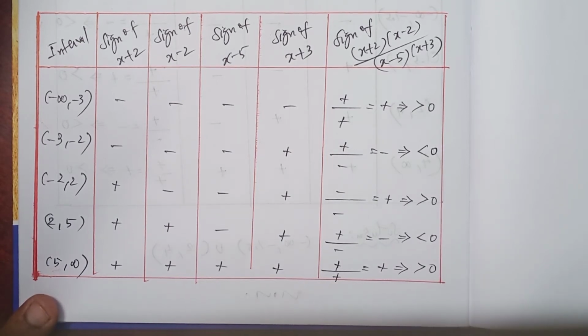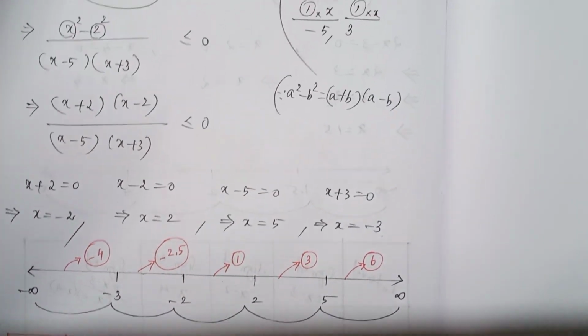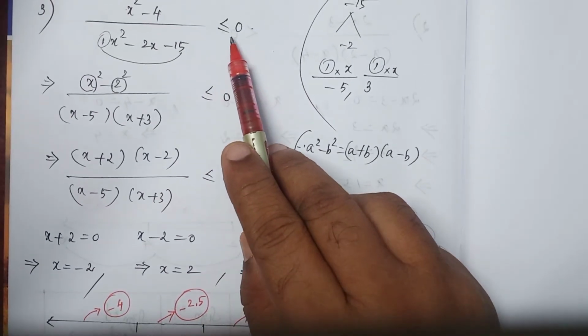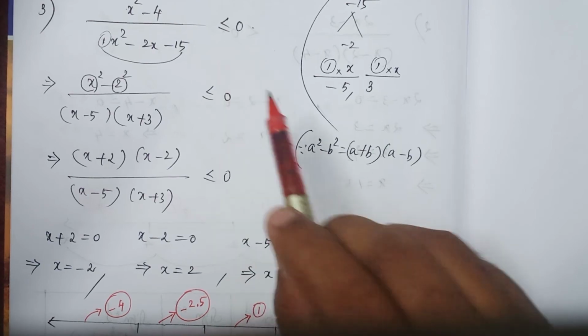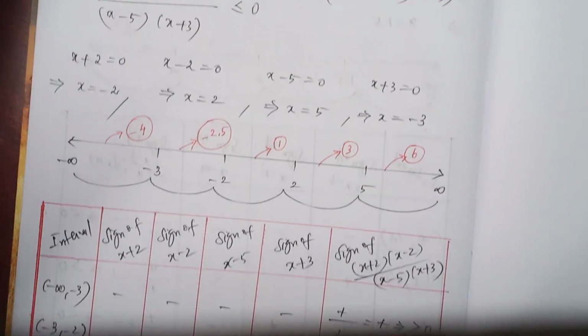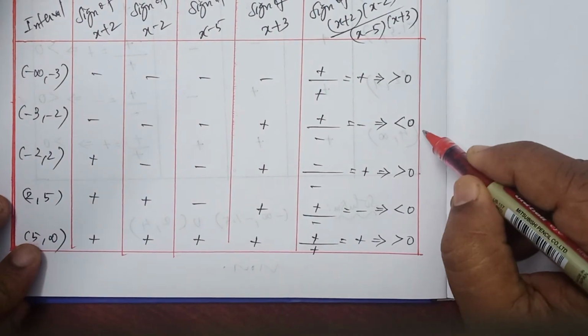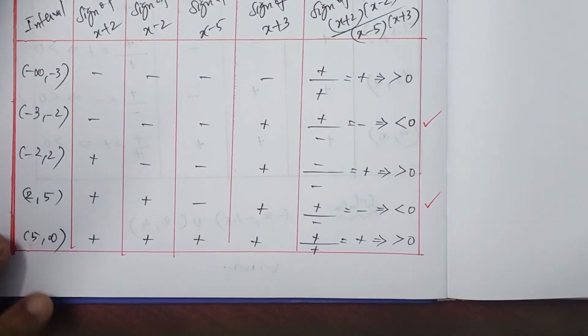Now, to write the solution, look at that inequality. What is the inequality given? Less than or equal to 0 is given. Equal to 0 is also included, but first we go for less than 0. Here less than 0, here less than 0, here less than 0.